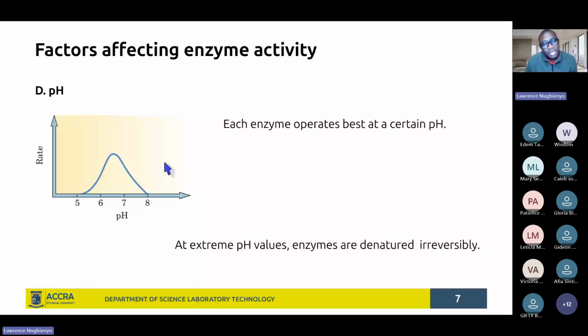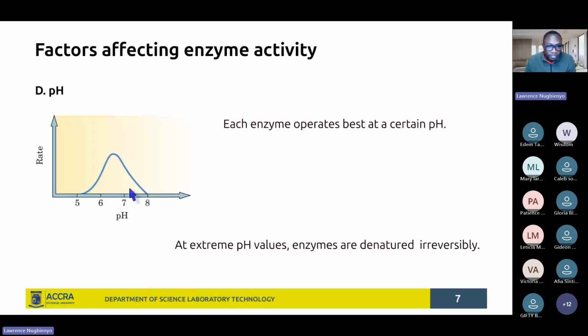Even that if you have the pH levels at very extreme ends from the optimal pH, it can also result in denaturing of these proteins, just like how temperature does. In this case, it can be both ways.